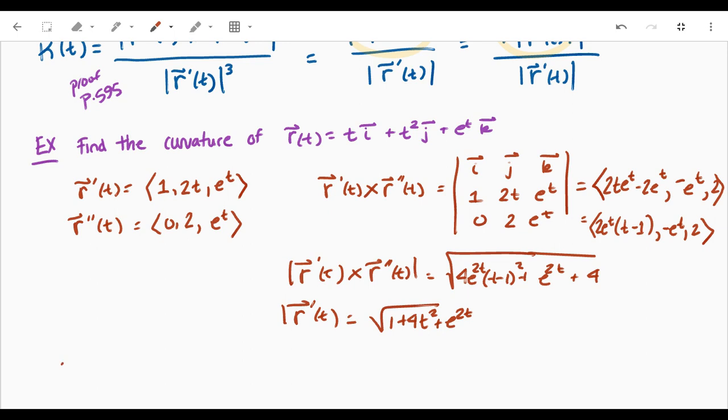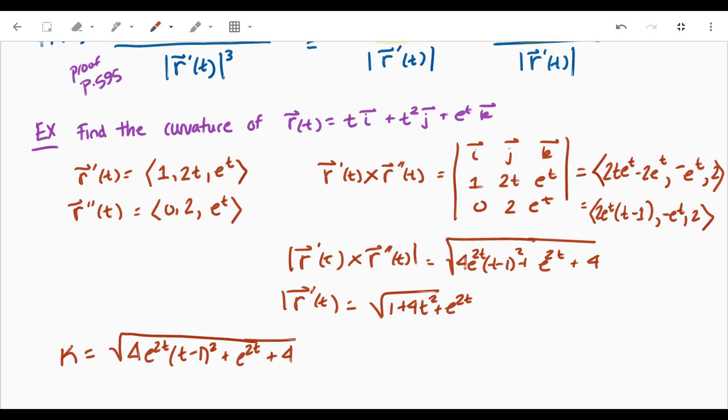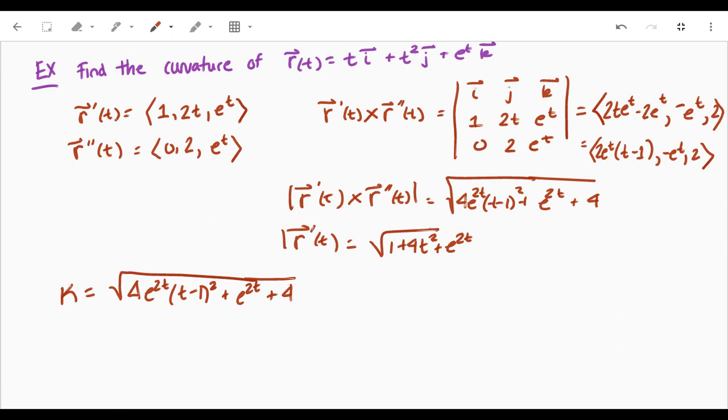Okay, so we end up with the curvature will be the square root of 4e to the 2t, t minus 1 squared, plus e to the 2t plus 4, over the second square root here, but then cubed. So you might just write it as 1 plus 4t squared plus e to the 2t to the 3/2. Okay, it's messy, but that's the answer.